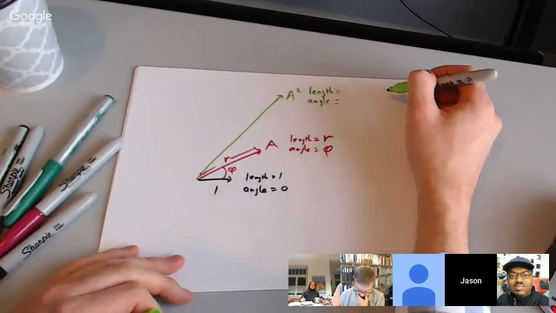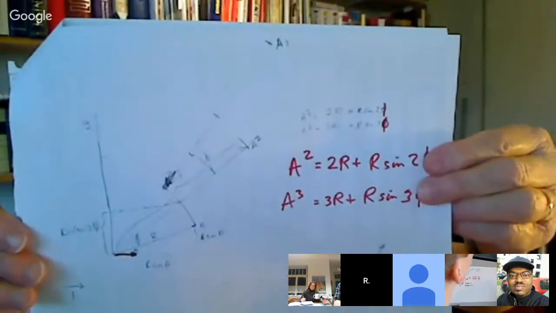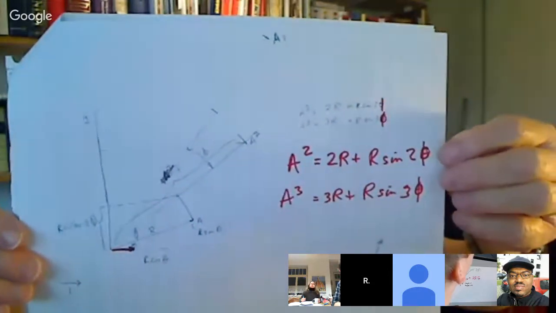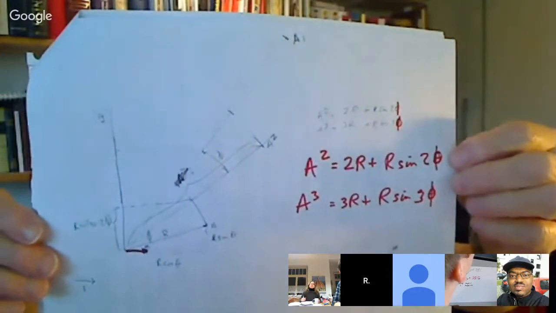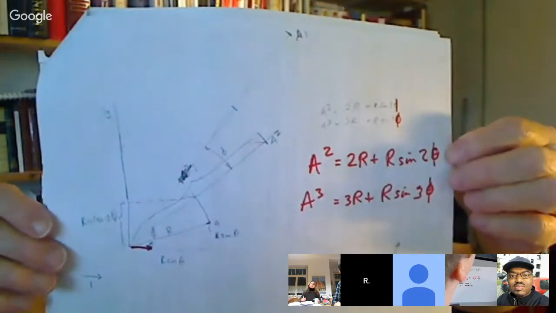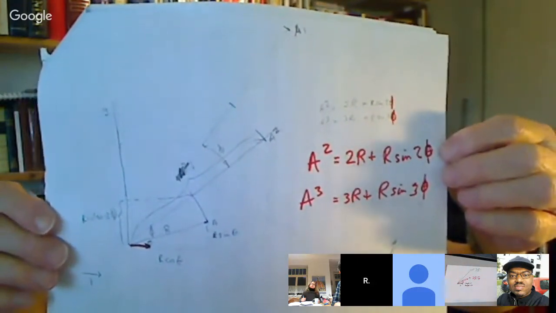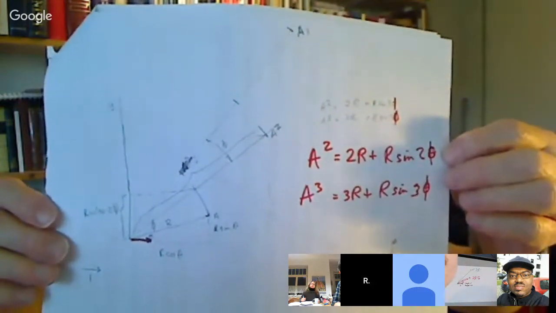Can you hold up your sheet so we can see how that looks? Okay. Could you describe it or look at the picture and help us work through where that came from?